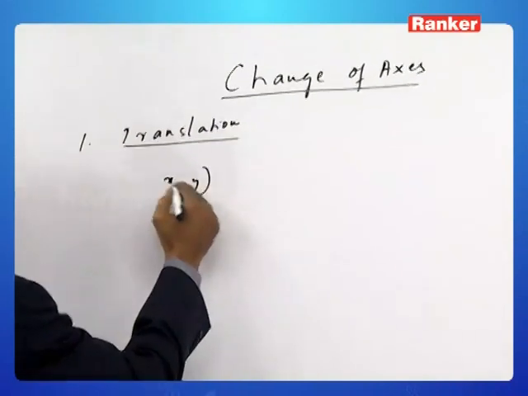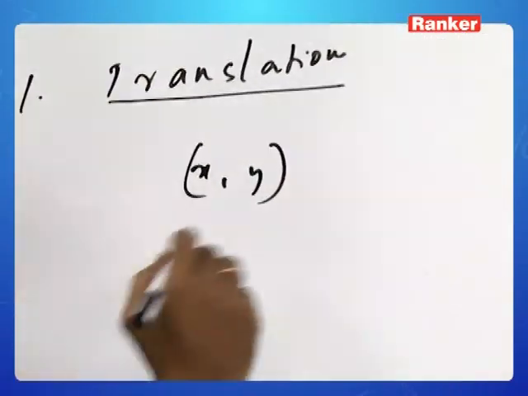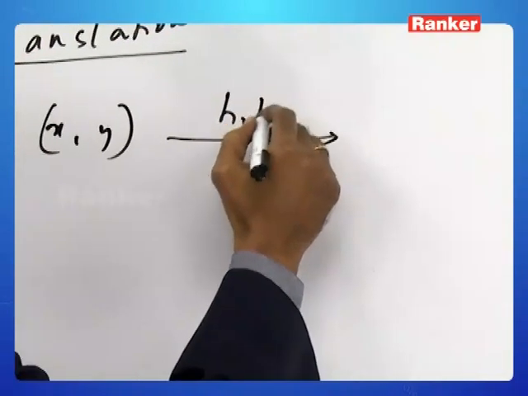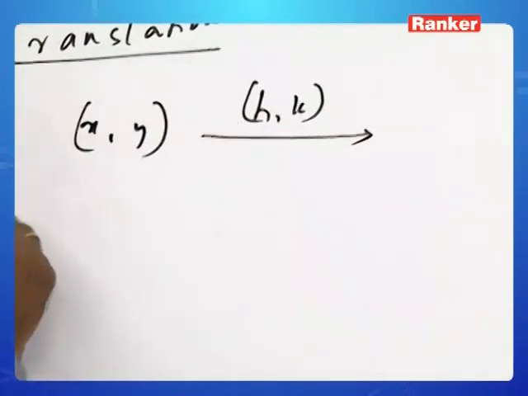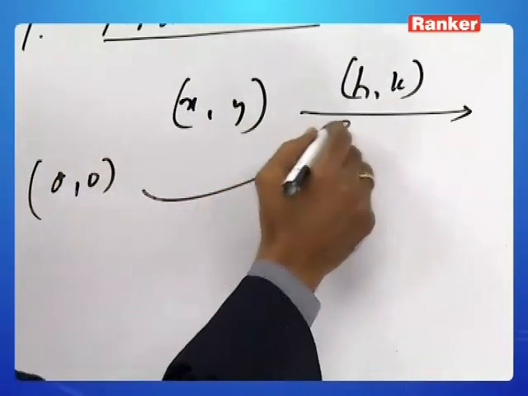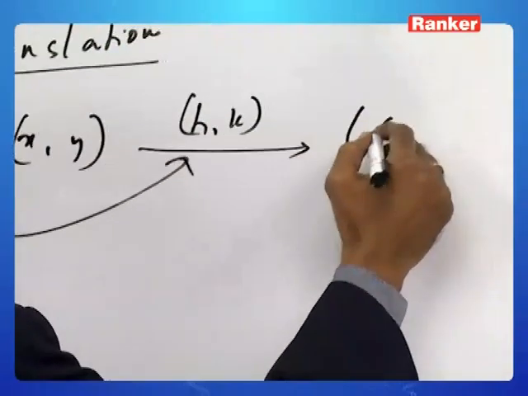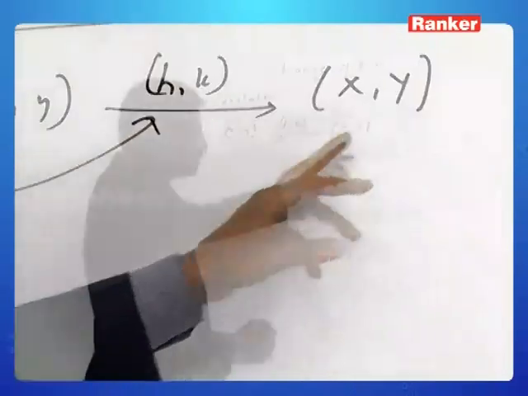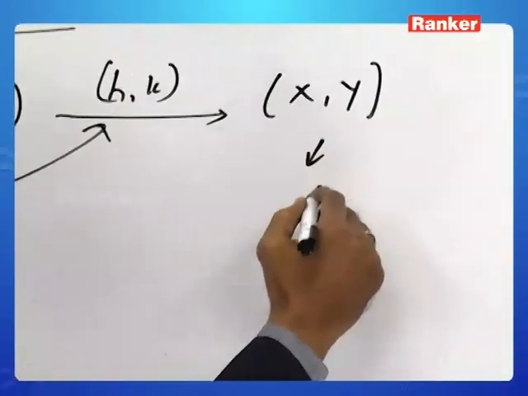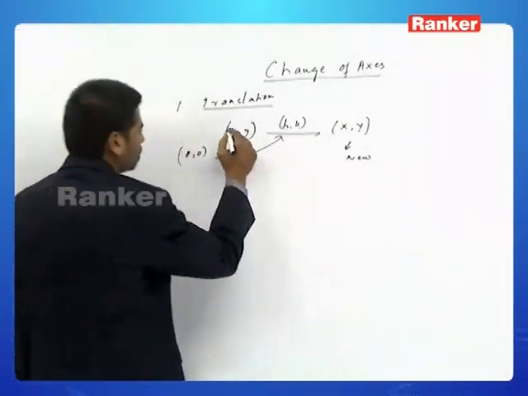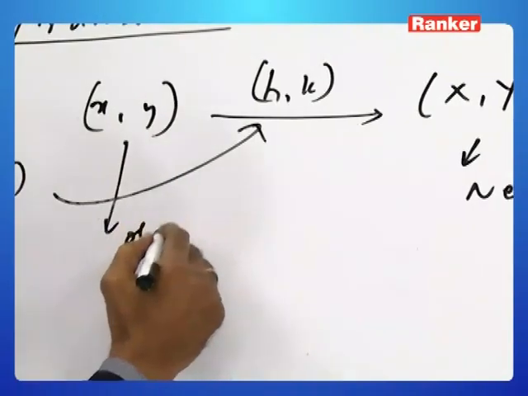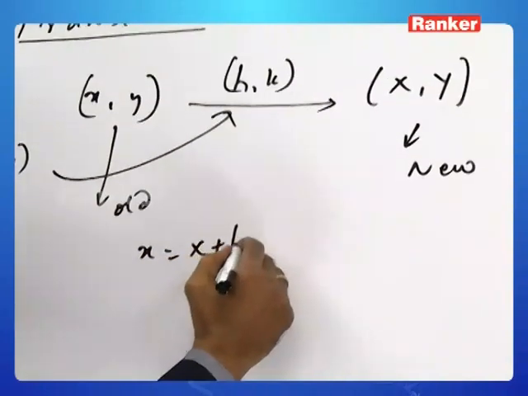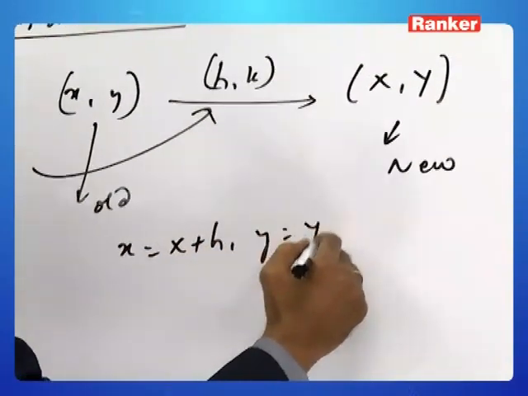If x, y are the coordinates of a point P in the original coordinate system, and you shift the origin to a new point h, k, and if these are the new coordinates, these are the old coordinates, then by simple geometry, x is equal to capital X plus h, y is equal to capital Y plus k.